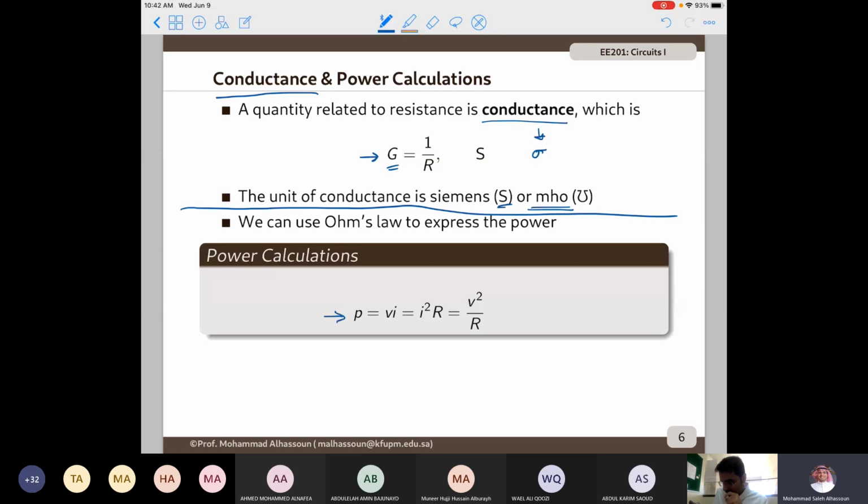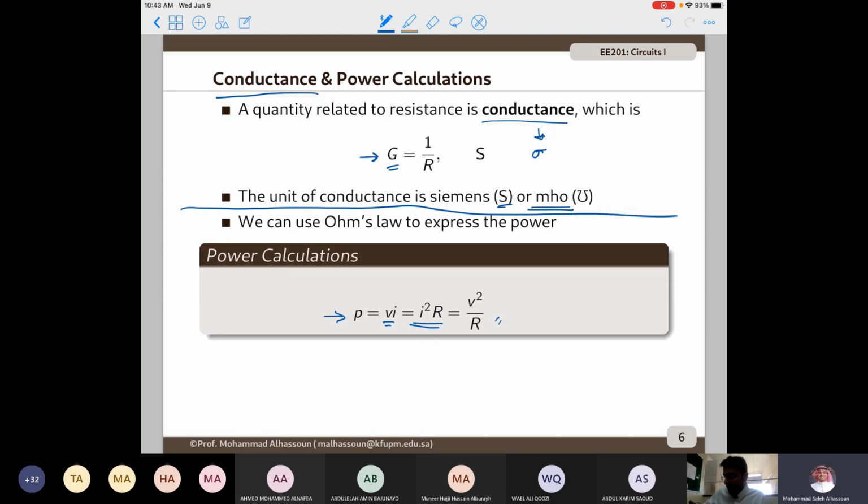We have P equals V multiplied by I. We can use Ohm's law to find two different variants of this relation: either I squared multiplied by R, or V squared divided by R.